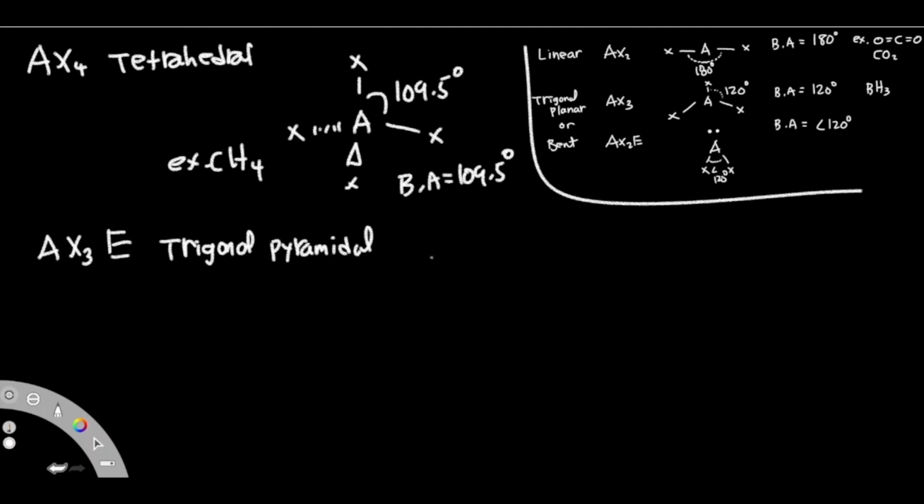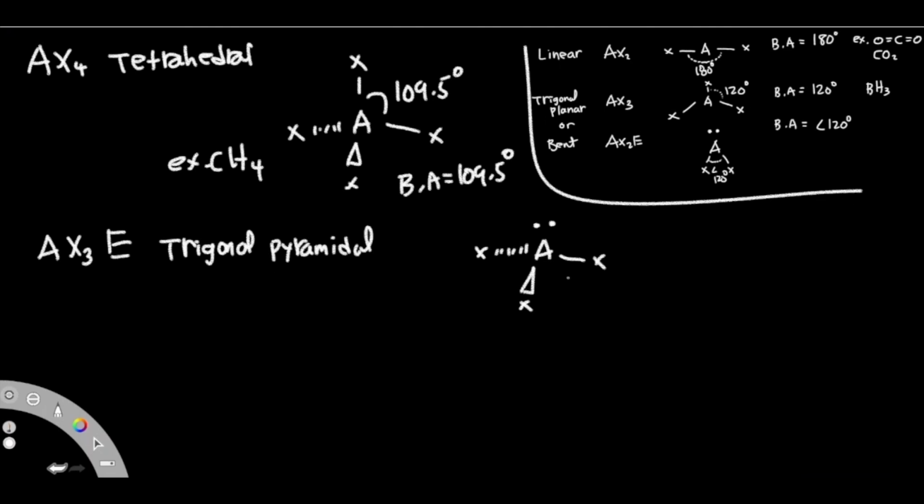Trigonal pyramidal. It's going to look just like this, just like the previous example. But what did we do in the previous example? Just got rid of that X. And then we need to make it into a lone pair. So now we have that lone pair over there. And then everything else kind of stays the same. The X is here, this X is here, and that X is there.